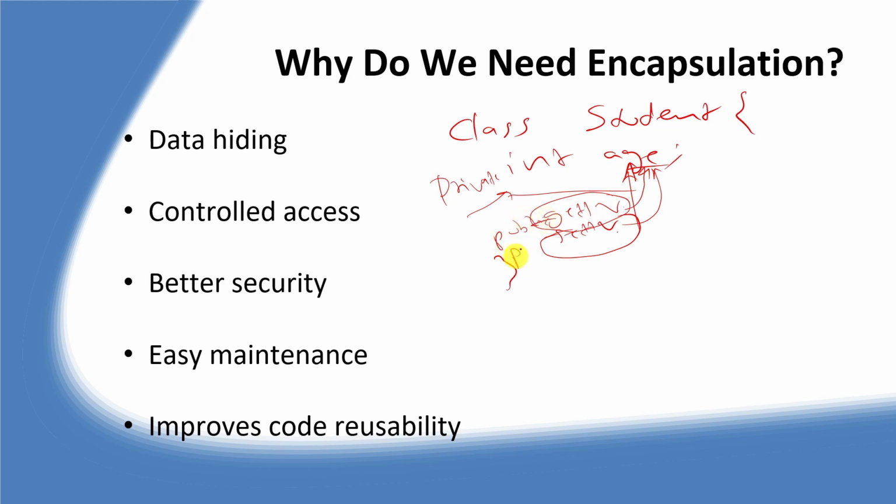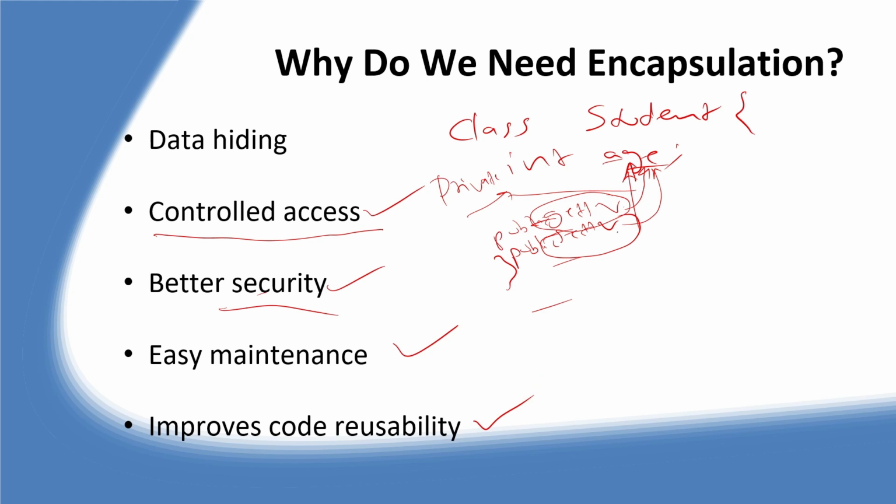That's how we achieve encapsulation. This is a controlled manner: controlled access, better security. Why? Because we cannot directly access this variable. We have to go through getter and setter to manipulate or use it. It also gives easy maintenance and improves code reusability. So that's why we need encapsulation.